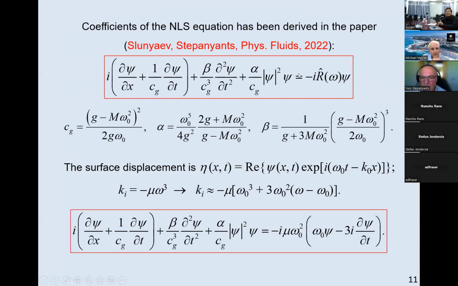Then, if we augment this equation by a dissipative term, this should be consistent with our assumption. So, in other words, we cannot consider here the function omega cubed, but we have to present this function omega cubed at least as a Taylor series and restrict ourselves to the peak frequency omega naught and a small deviation from omega naught. Only in this case is such an equation consistent.